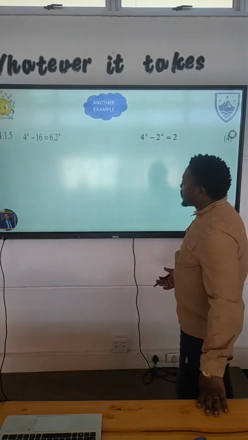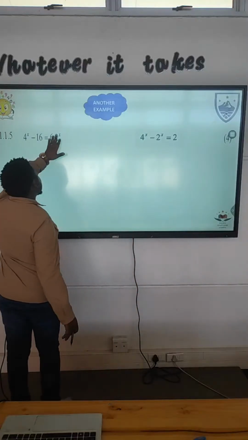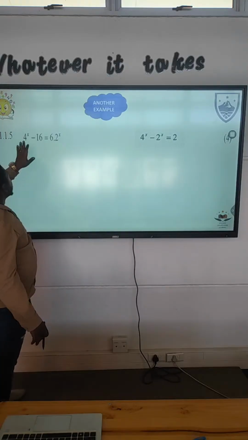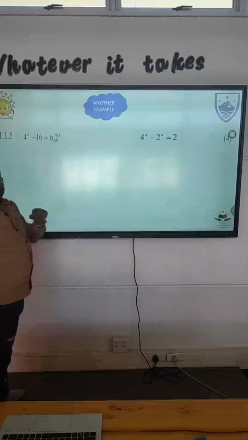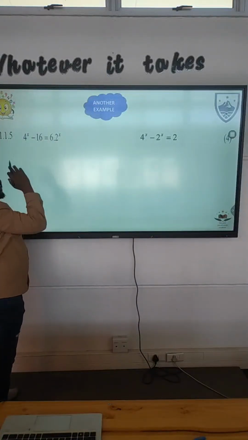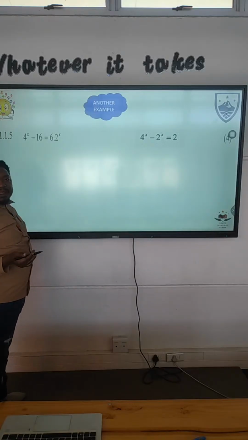So it can be any variable that you want. If I look at this 4x and I see a 2x again, and if I take a 16 to the other side, it's not going to help me anyway because I still have a 2x. So what I would do is to always, when we're dealing with exponents, use the prime numbers.